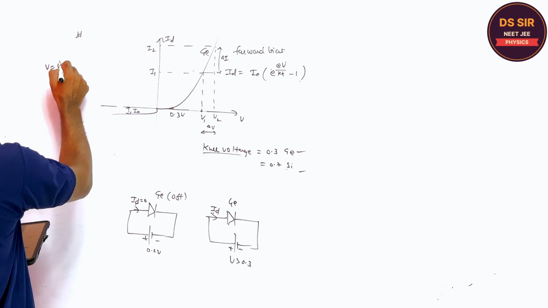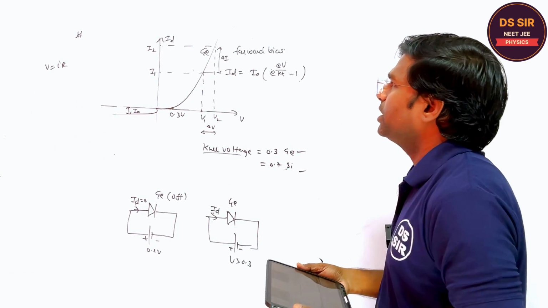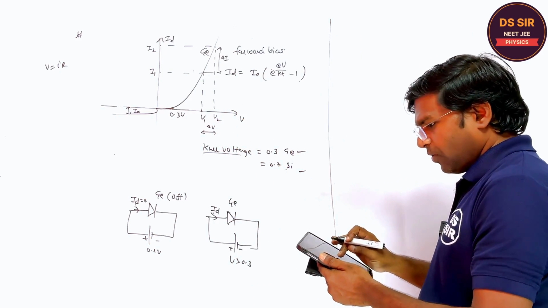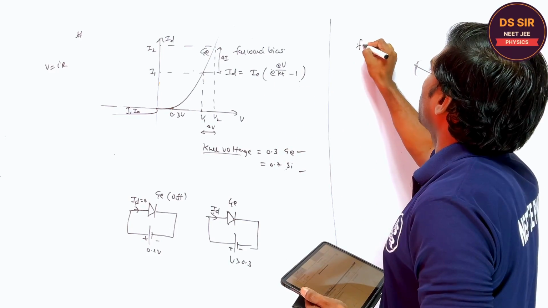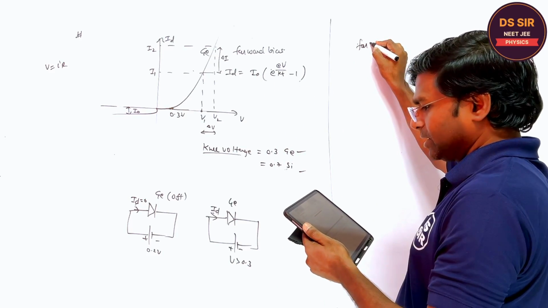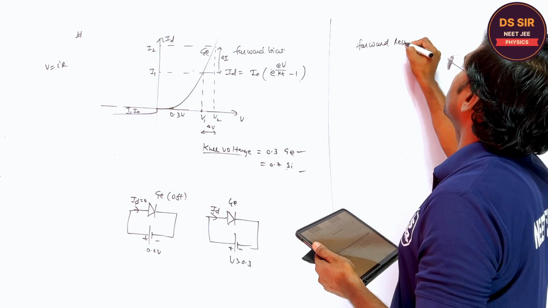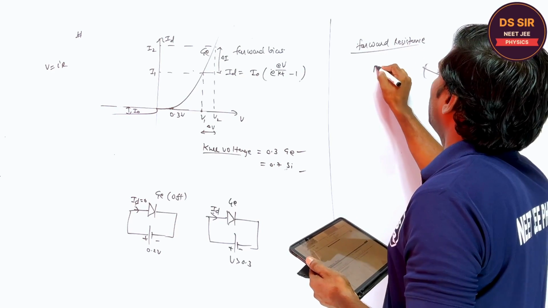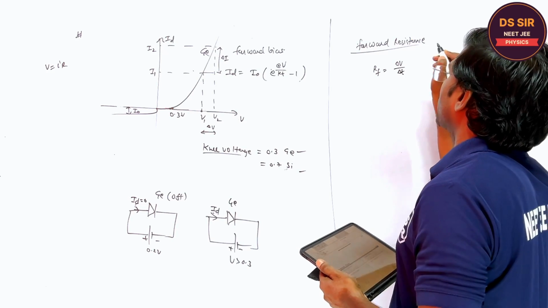So V is equal to IR. So what is resistance? If you want to find the forward resistance, in this case the forward bias resistance, it is the change in potential divided by the change in current.